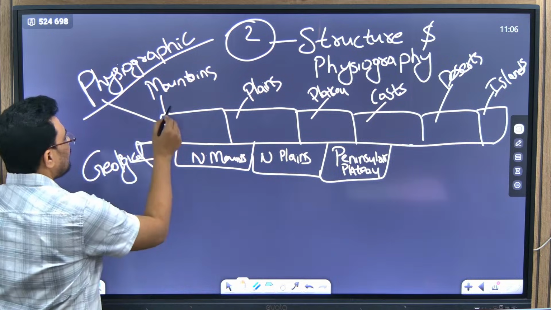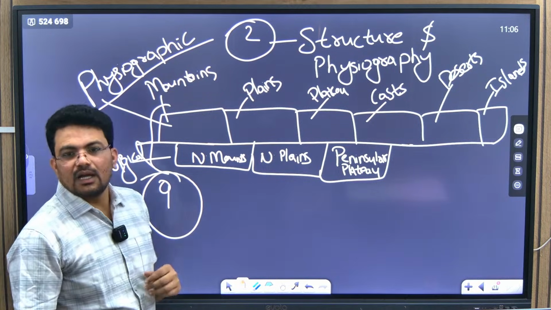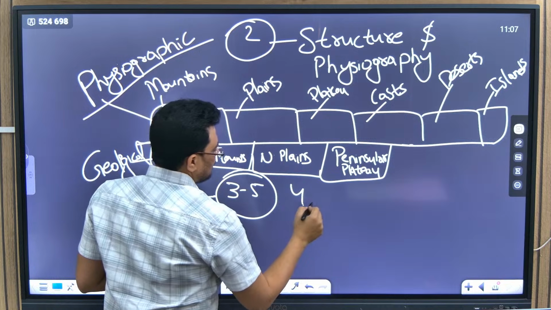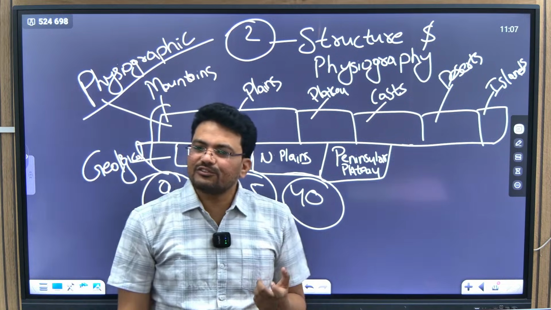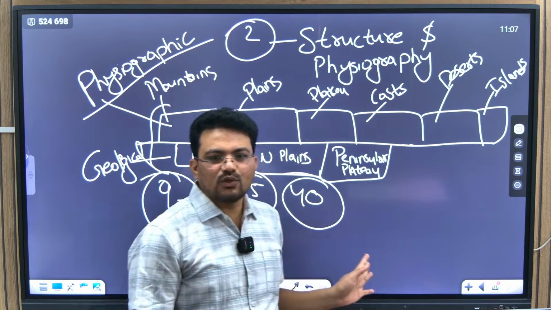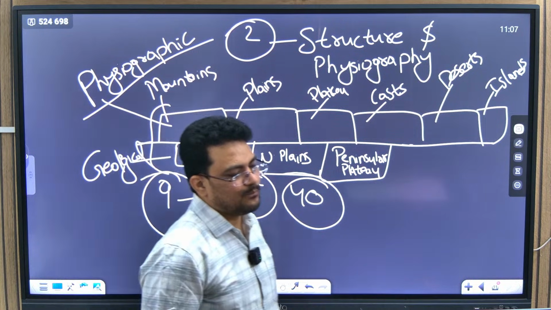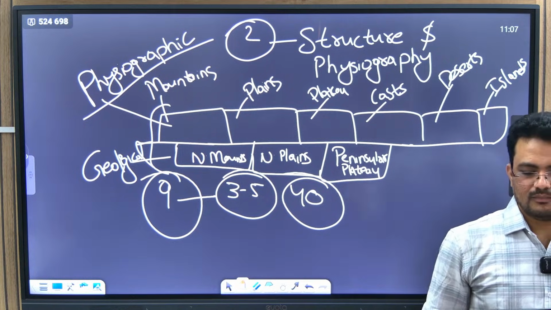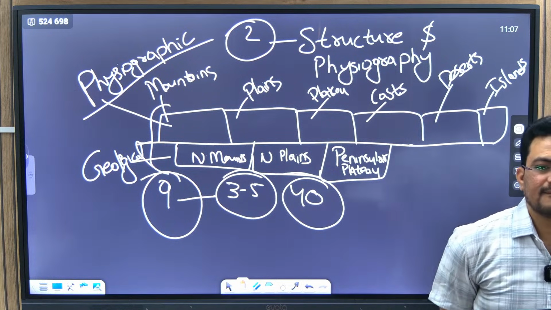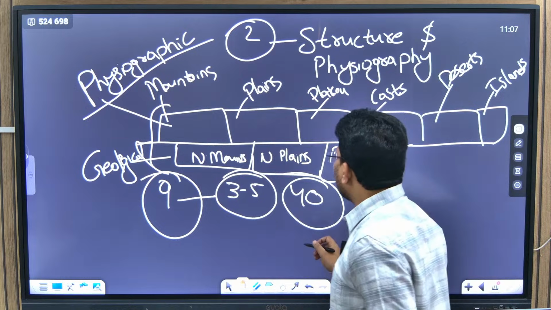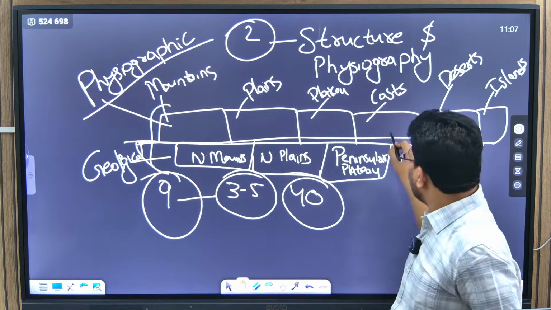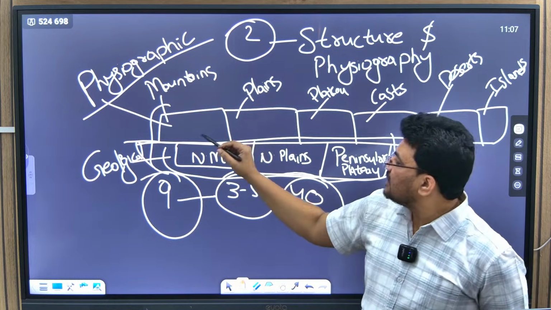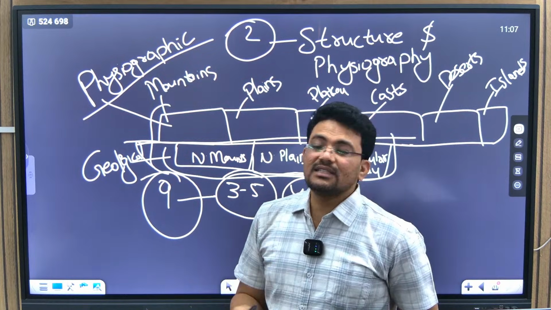About these nine, we have around 3 to 5 facts each, so 40 factual pieces of information will be enough for this chapter. About each one of them we will be dealing now. First we will see the bottom ones, which are the geological features, and then come to the top ones, which are the physiographic features, the outcomes.